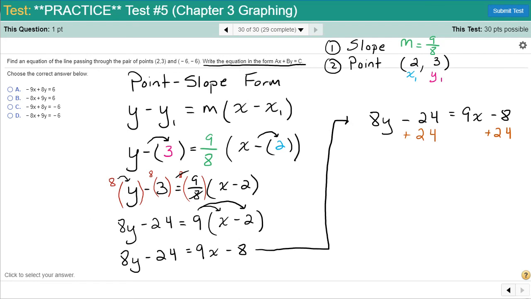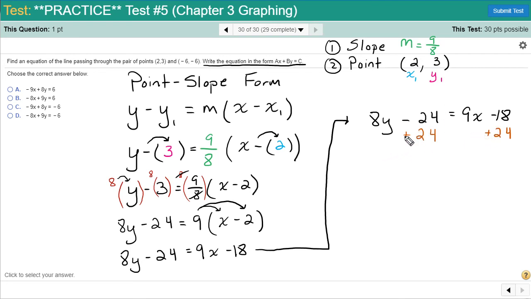I think I made a little mistake here. I didn't distribute properly, did I? So 9 times x is 9x. 9 times negative 2 is not negative 8, it's negative 18. Where was my head? All right, so I think now we're on the right track. So again, I just moved this whole line up here. So we had 8y minus 24 equals 9x minus 18. Now I think we're good to go.